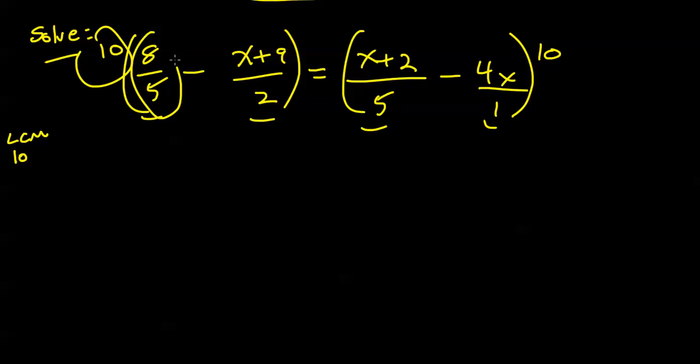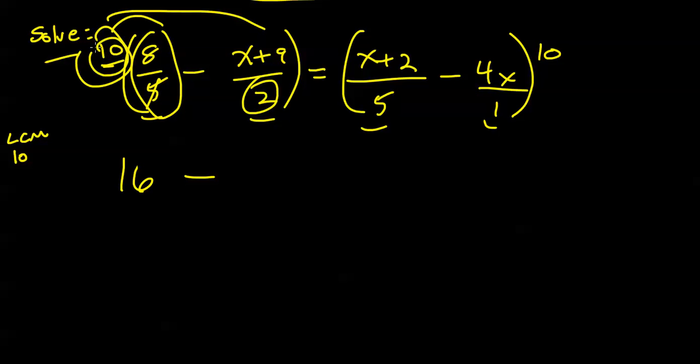Alright, 10 times 8/5. Remember, you've got to apply your distributive law to both terms of this difference independently. 5 goes into 10 twice, and 2 times 8 is 16. Minus 2 goes into 10 5 times, and 5 times (x plus 9), well, I'm just going to leave it right there as 5 times (x plus 9) and worry about it later.